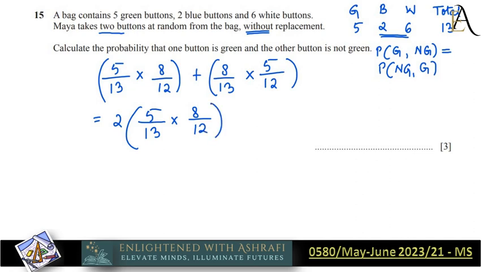It's one and the same thing because they have a multiplication in between. So let's do the calculations. Finally we get 20 upon 39. So the probability is 20 upon 39.